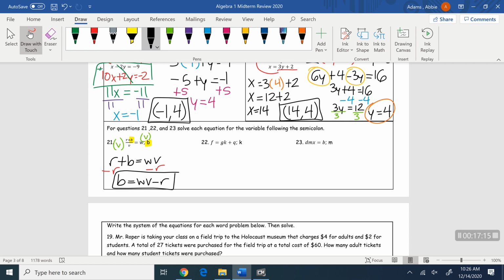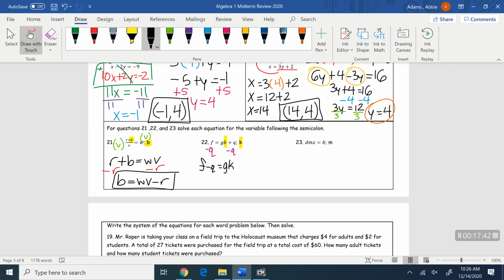Let's move on to problem 22. It says f equals gk plus q, and it's asking us to solve for the variable k. So first thing I'm going to have to do is to isolate that variable term. So I'm going to subtract q from both sides. So I have f minus q is equal to gk.